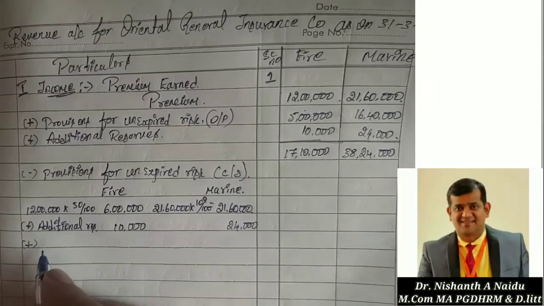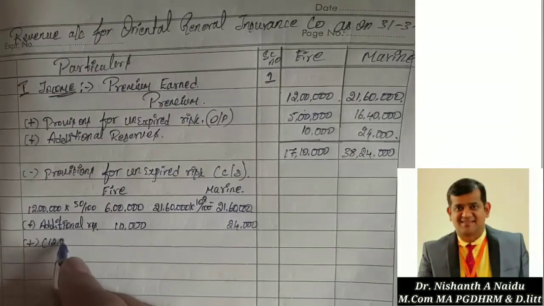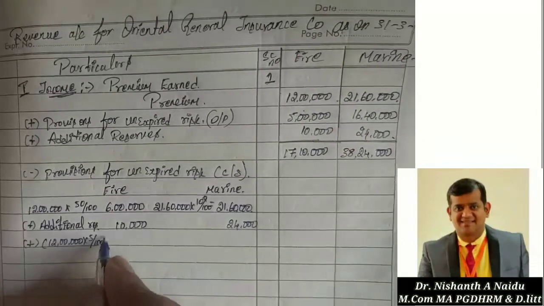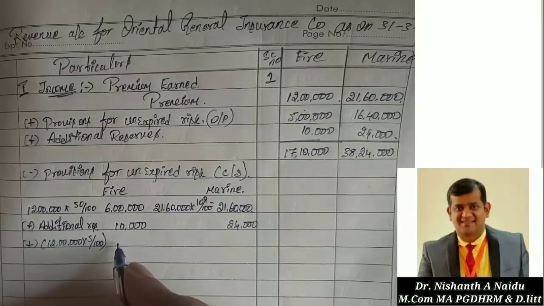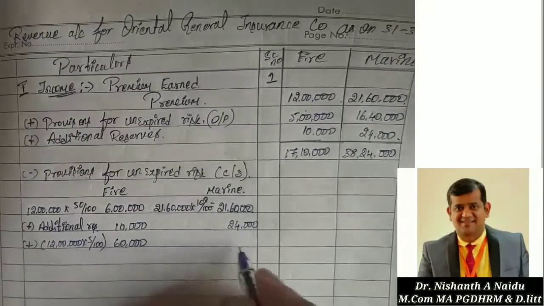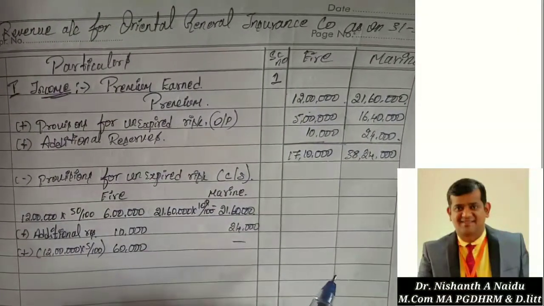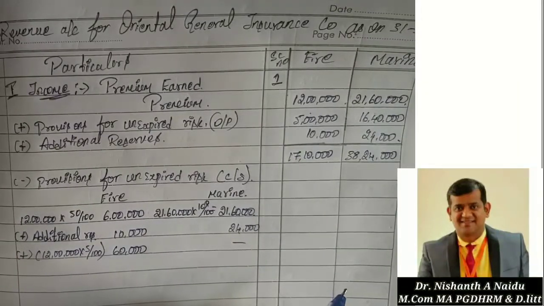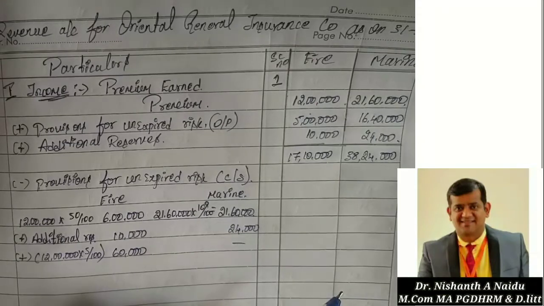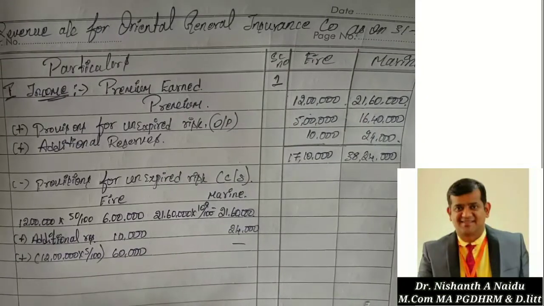What is the net premium for fire? 12 lakh. So 12 lakh into 5 divided by 100 comes to 60,000 rupees. For marine it is nil, because he said it is only for fire insurance. I'll reconfirm: 12 lakh into 5%, that is 60,000.